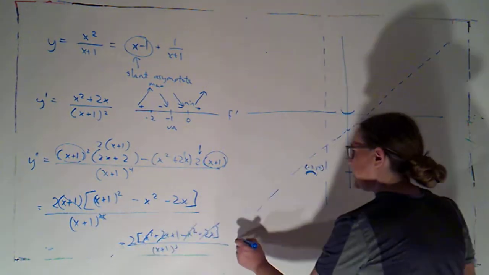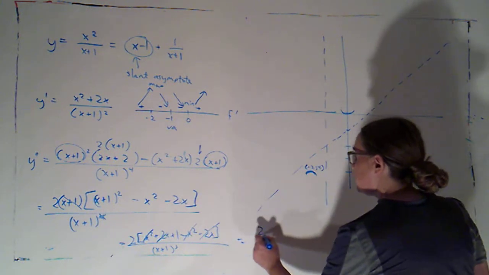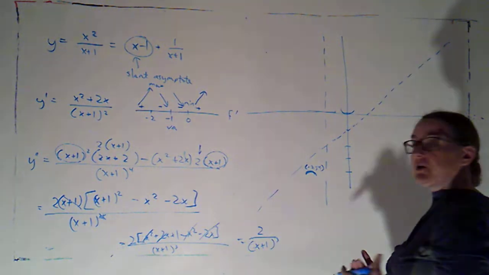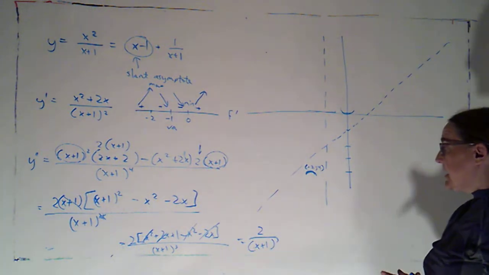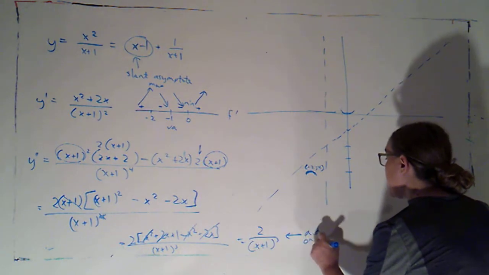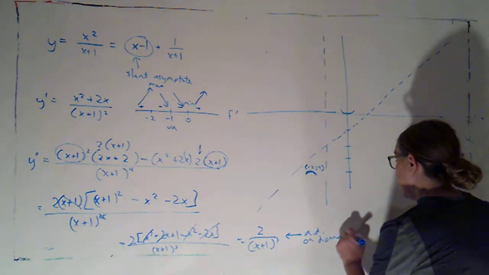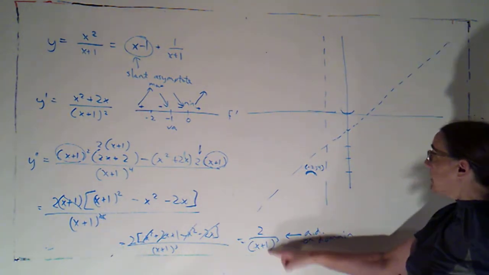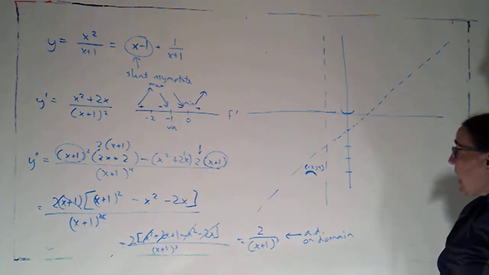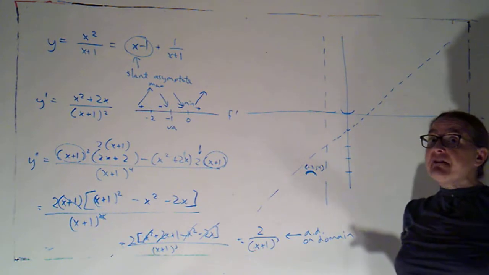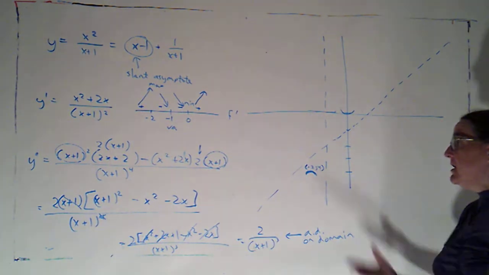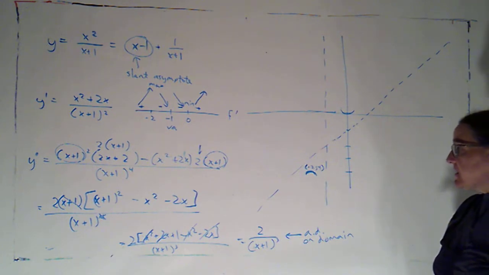I'm left with just 2 times 1, which is 2 over (x plus 1) cubed. Okay. Now, that is always defined on our domain. Obviously, it's not defined at -1, but that's not in the domain of our function. So, I know I'm not going to have any points of inflection here because there's no point in the domain where this could possibly change sign.